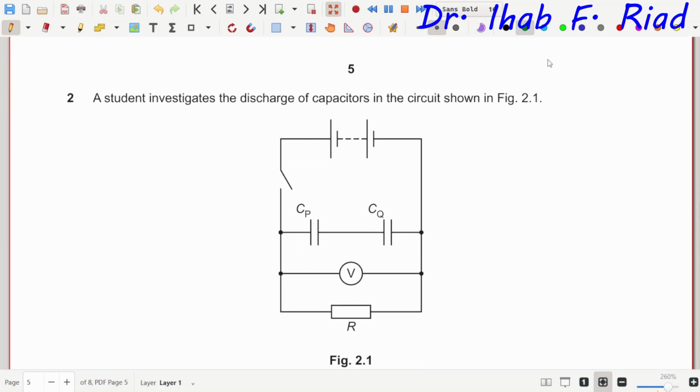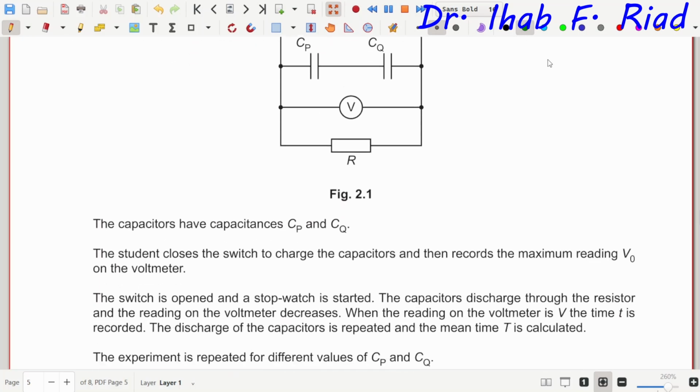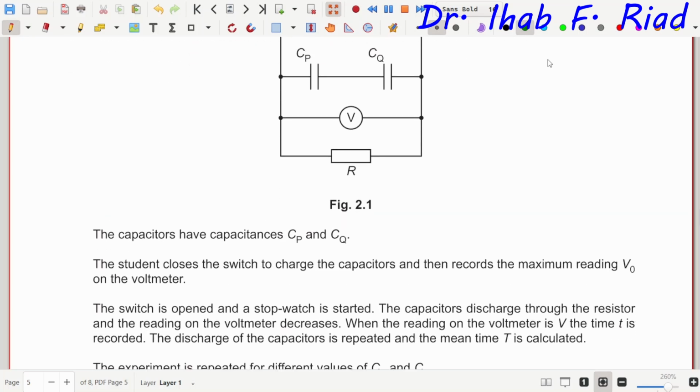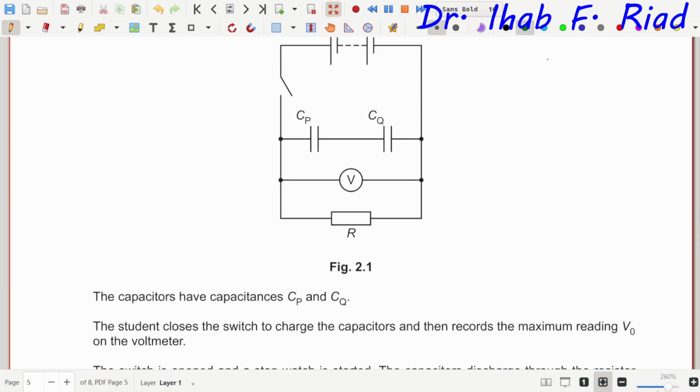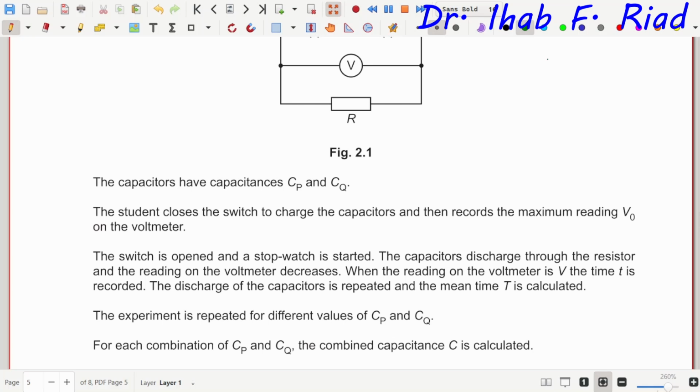A student investigates the discharge of capacitors in the circuit shown. The capacitors have capacitance Cp and Cq, so we have two capacitors. The student closes the switch to charge the capacitors and then records the maximum reading V naught on the voltmeter. The switch is opened and a stopwatch is started.